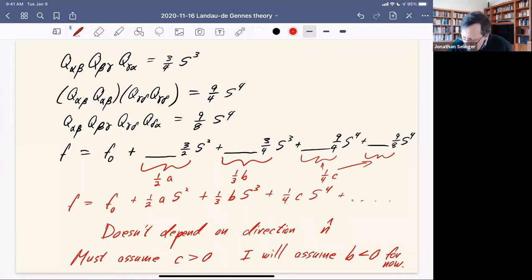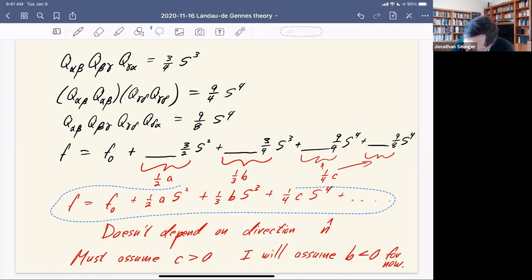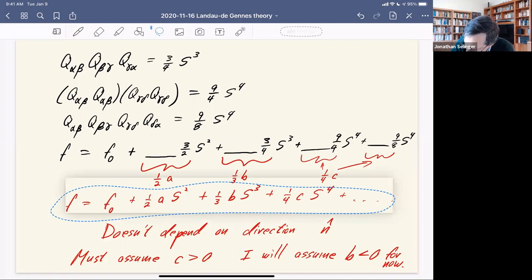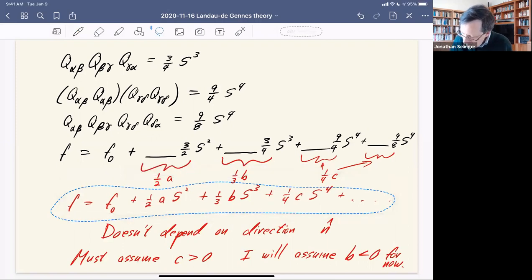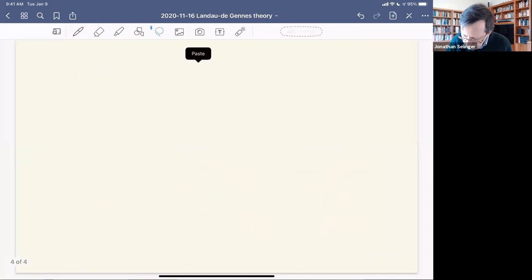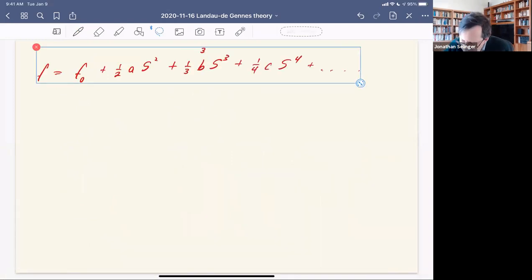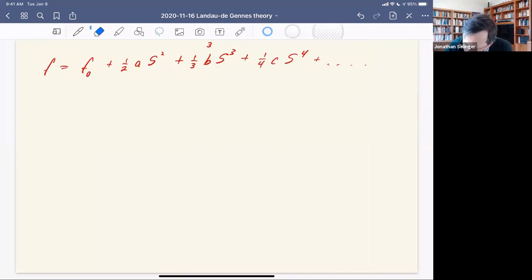So suppose we want to make plots of this free energy. I'll copy it onto the next page. Suppose we want to make plots of this thing, and we are going to assume that C is positive and B is negative.